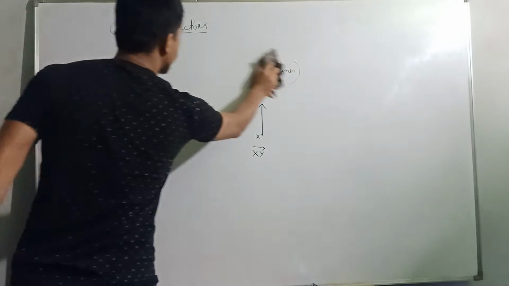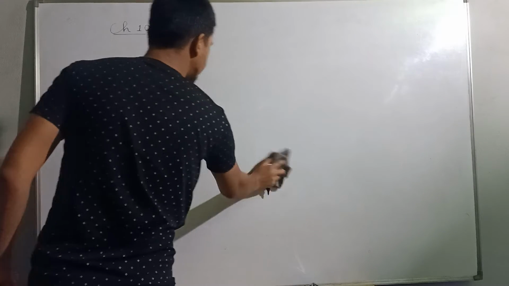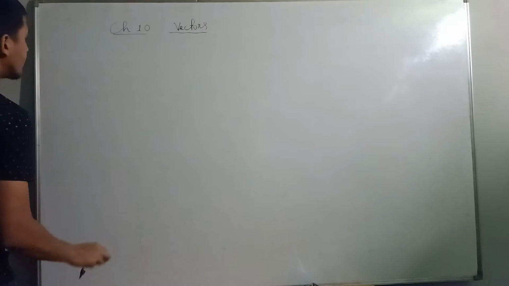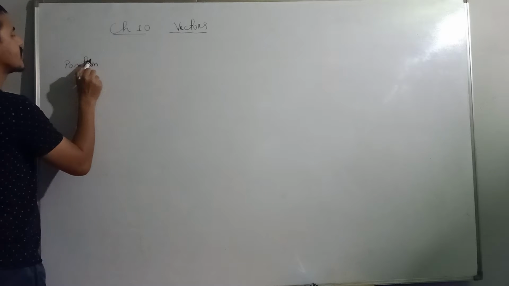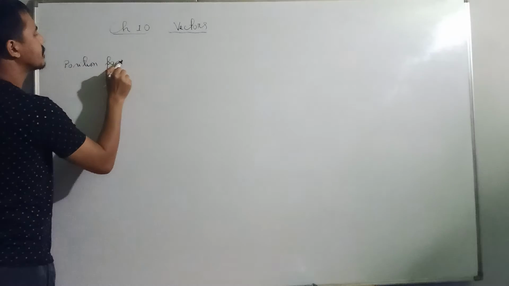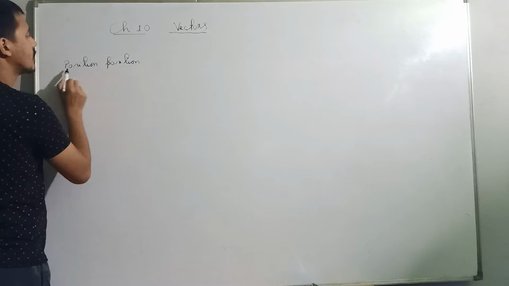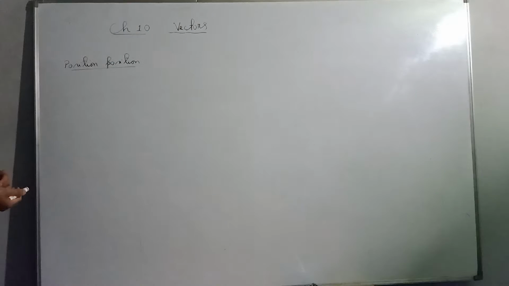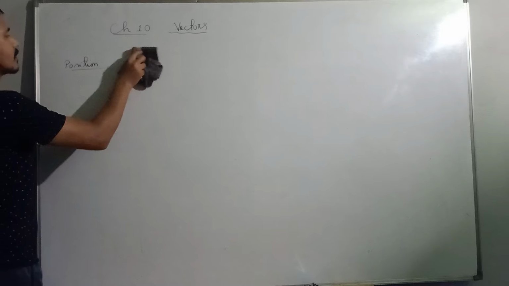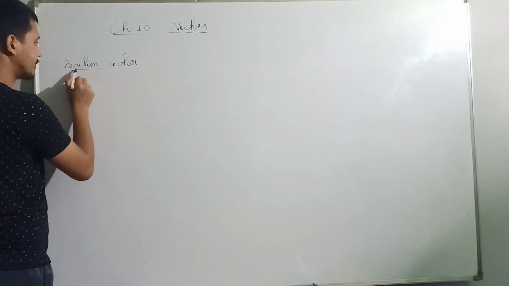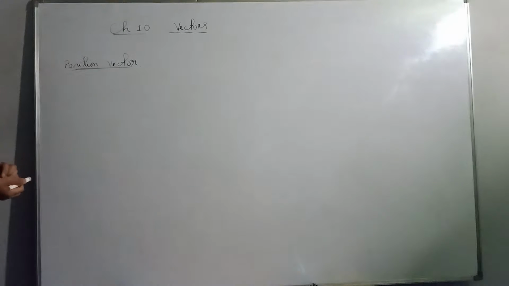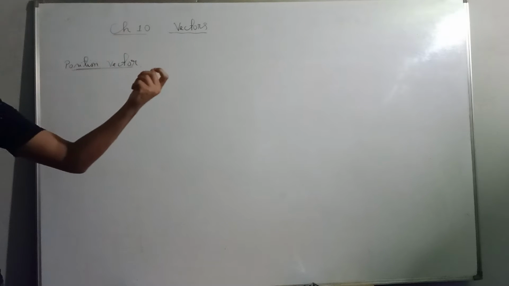The next one is position vector. Let's study what is this position vector. Suppose you have a point P in space.